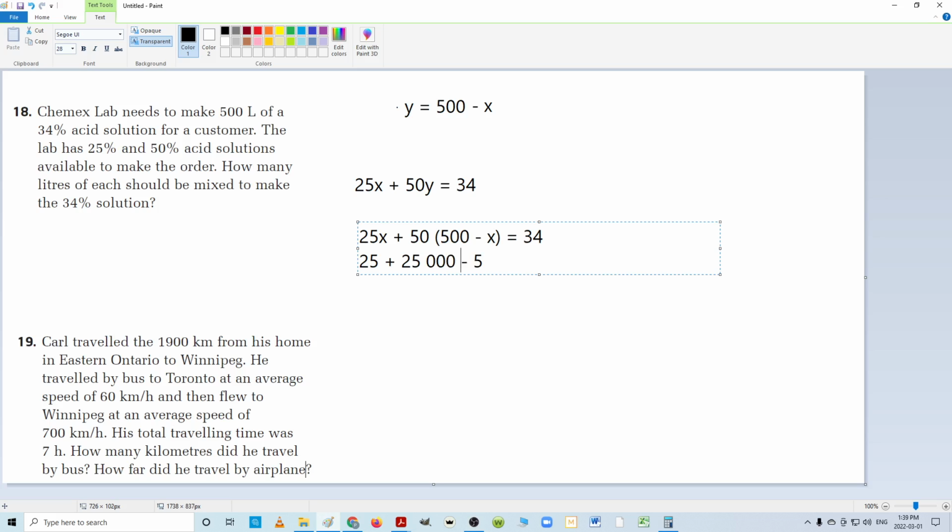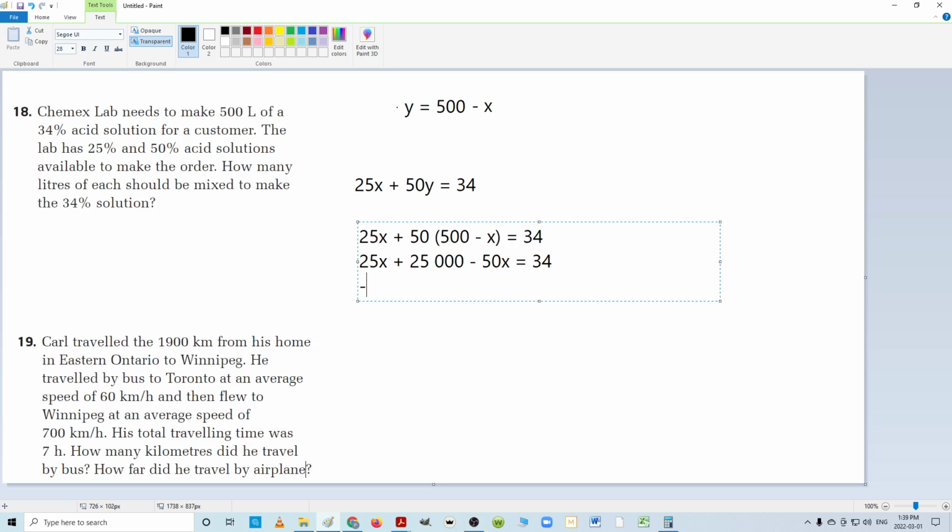Well, that's 25x over here. 34. I think that'll work. Hang on. No, that's not going to work. 500 liters. How many liters? Yeah, actually that will work, I think.